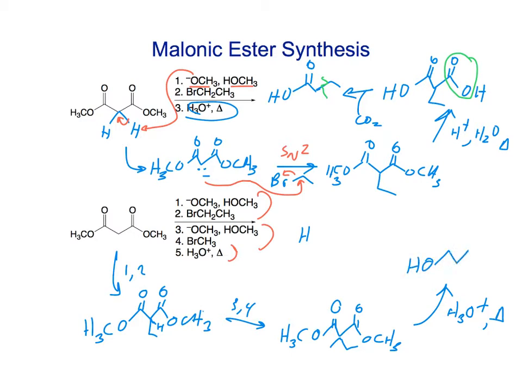So we can draw the hydrolysis product here. We've got a methyl still there and an ethyl. And then it's going to decarboxylate, loses CO2, and what are we going to get? We're going to have this. We're going to have a methyl on the alpha position and an ethyl.